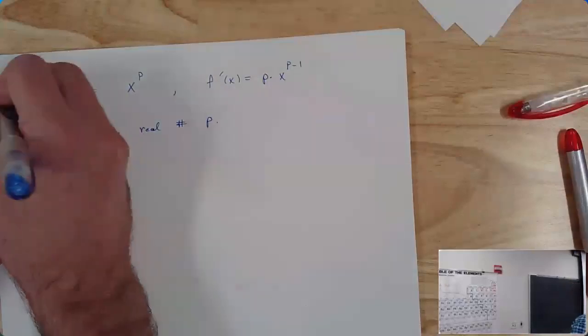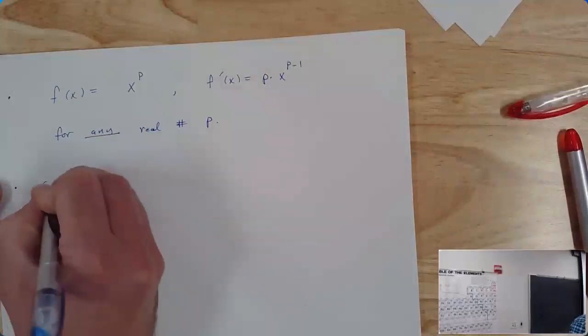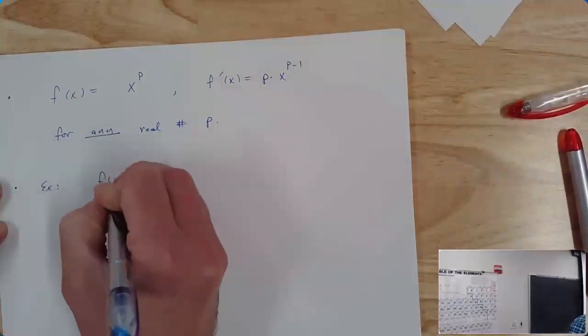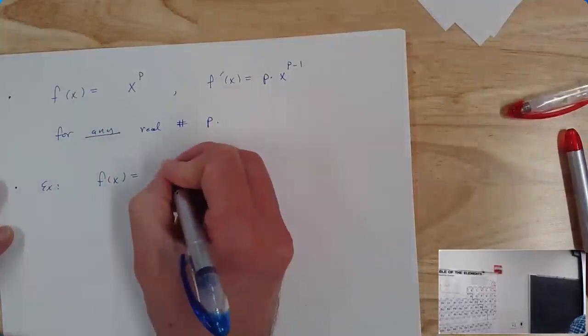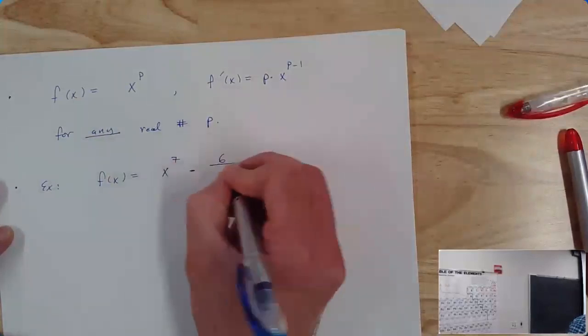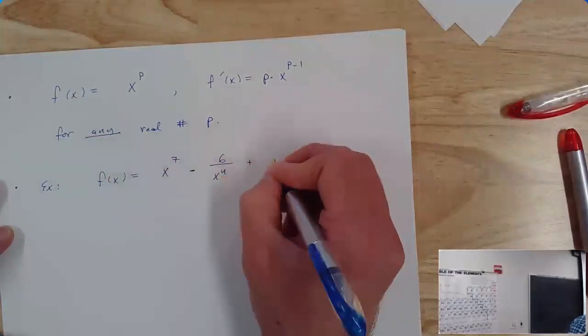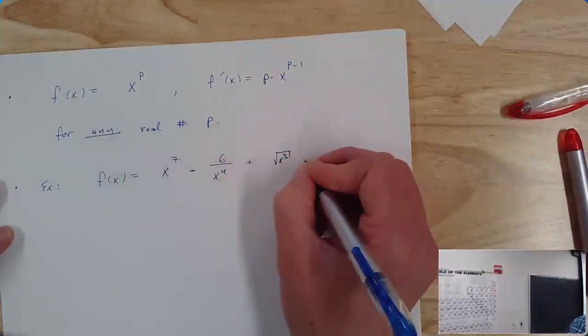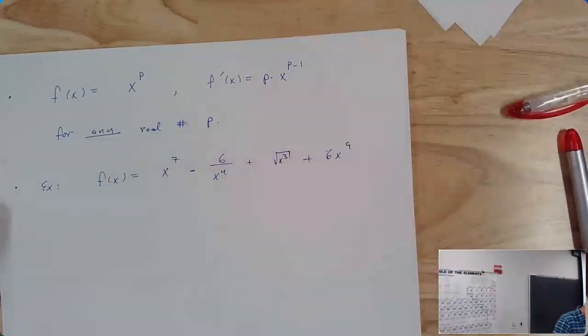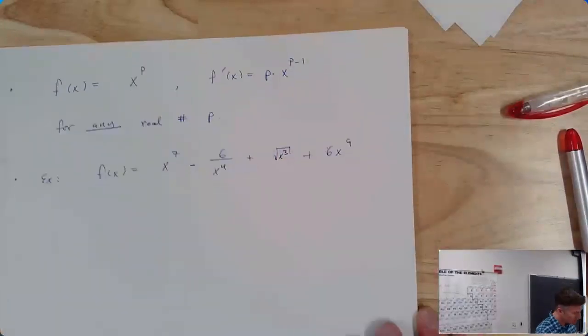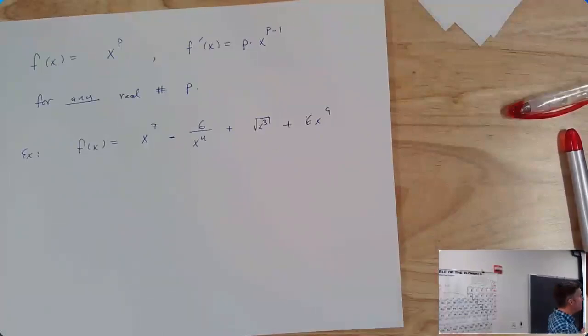So for example, if your function is equal to something like x to the 7th power minus 6 over x to the 4th plus the square root of x cubed plus 6x to the 9th, we can totally use the power rule to differentiate this if we first do some simplifying.